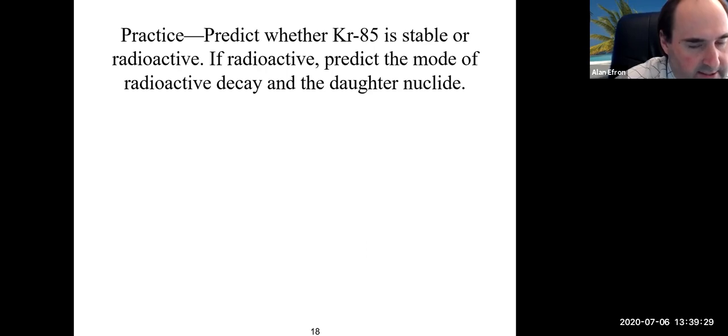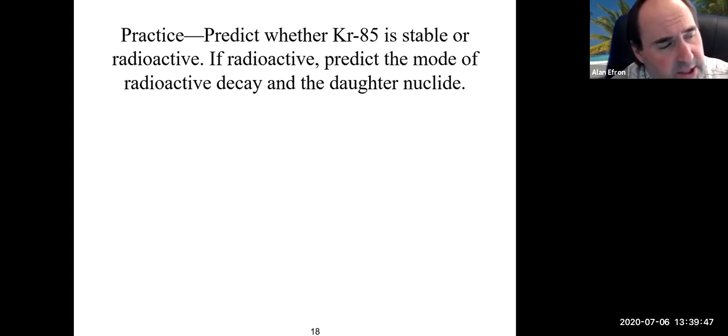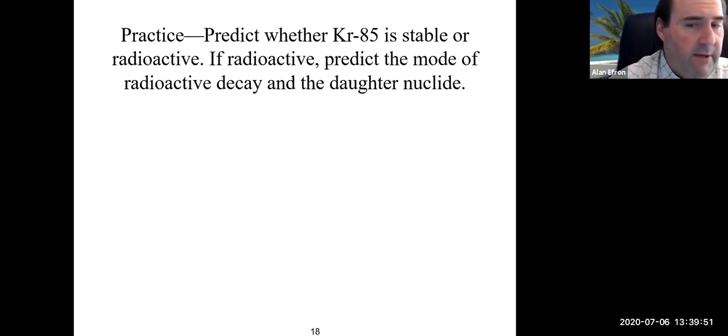We also started, and I think finished here last time, talking about nuclear stability. One very common way that we calculate that stability is what is known as the N to Z ratio, which is the neutrons to protons ratio.